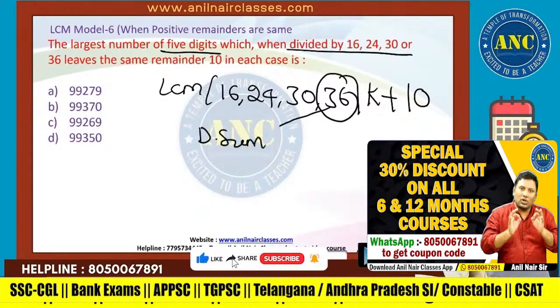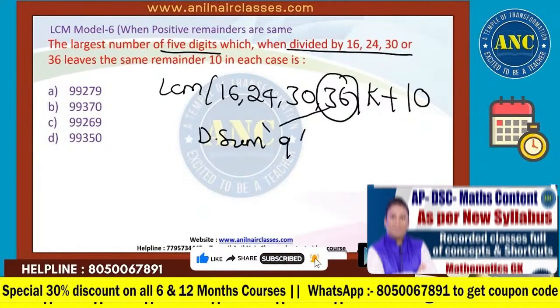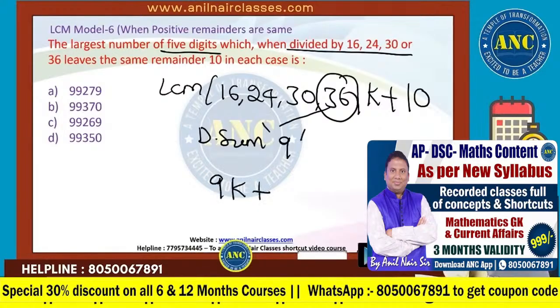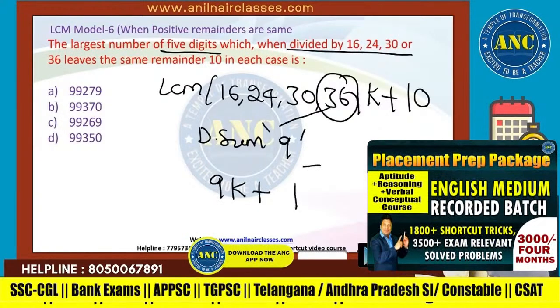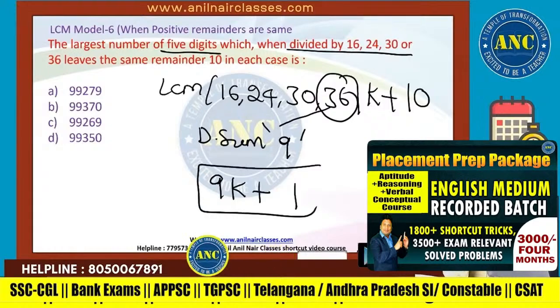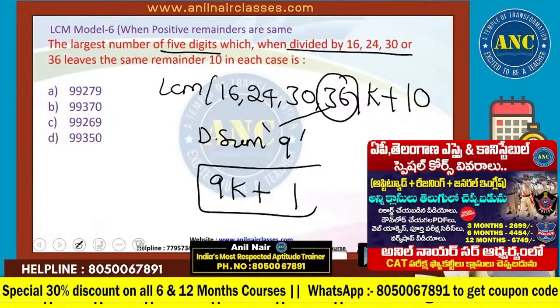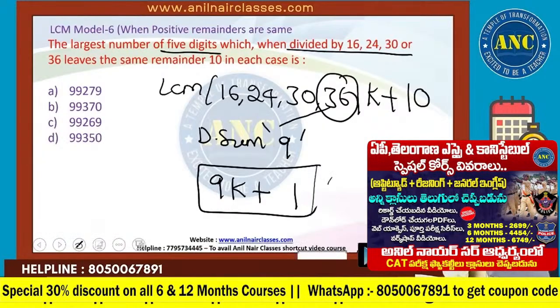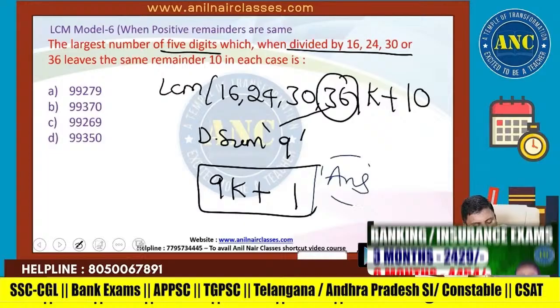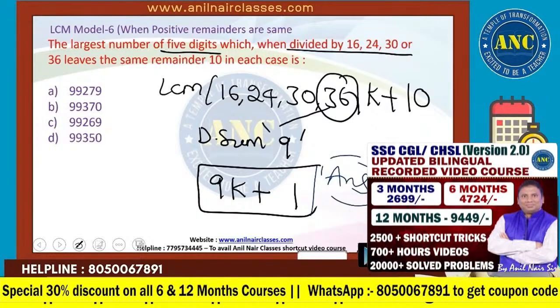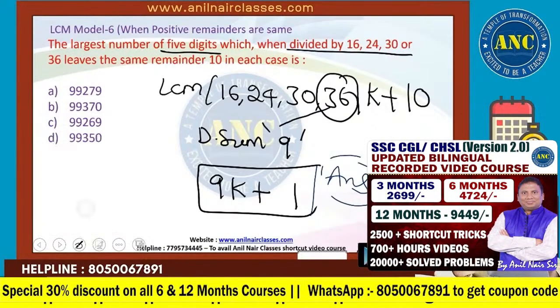If one number's digital sum is 9, the answer's digital sum should also be 9. 9 into k. 10 divided by 9, remainder is 1. The answer when divided by 9 should give remainder 1. Check by using answer options.